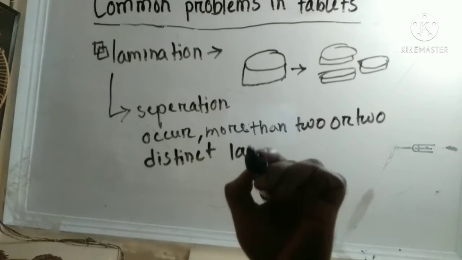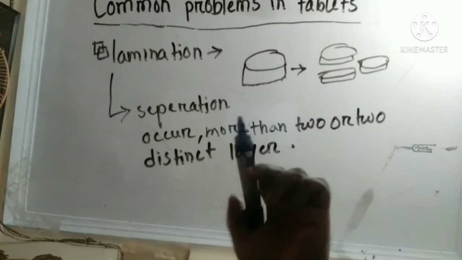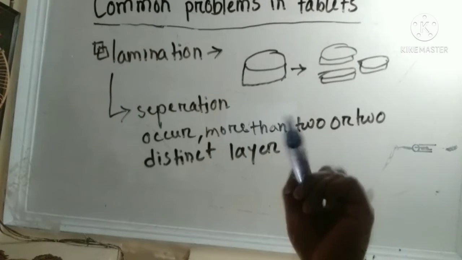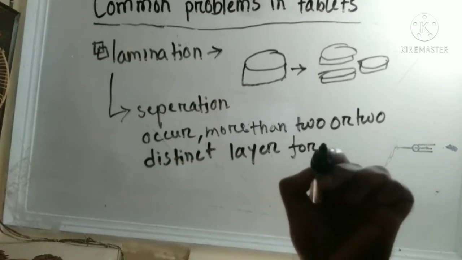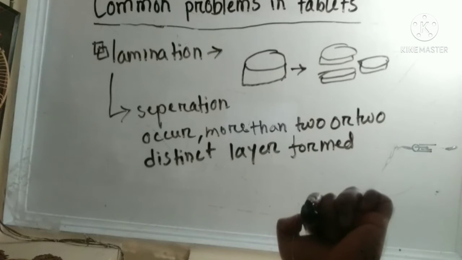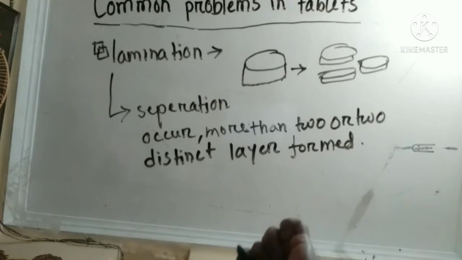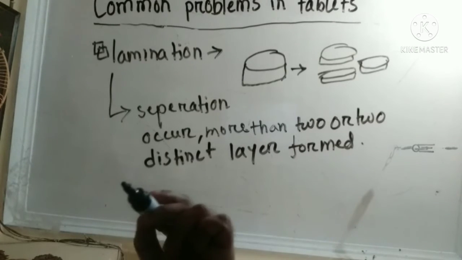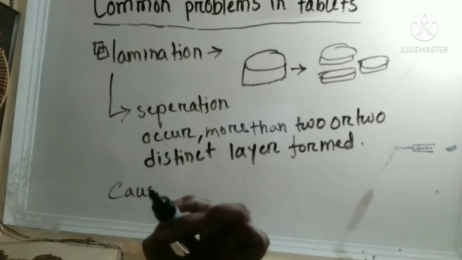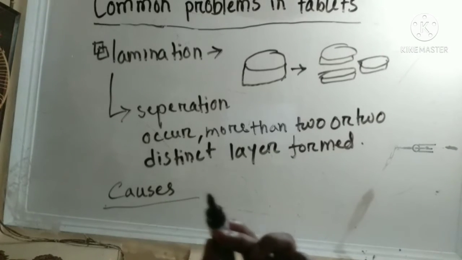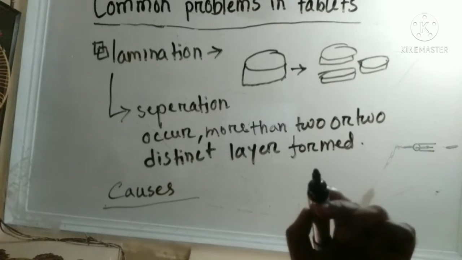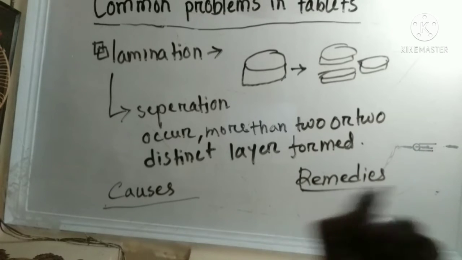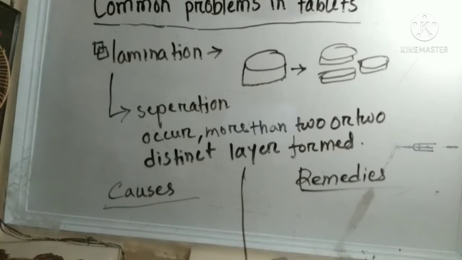Distinct is better than different. So what is lamination? Separation occurs and two or more than two distinct layers are formed. So let's see the causes. What are the causes? And here beside that I am writing the remedies. What are the causes and what are the remedies?